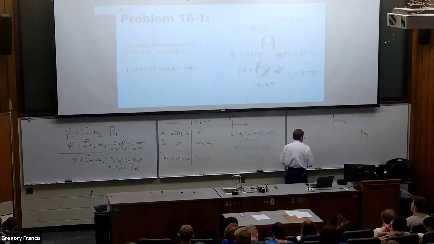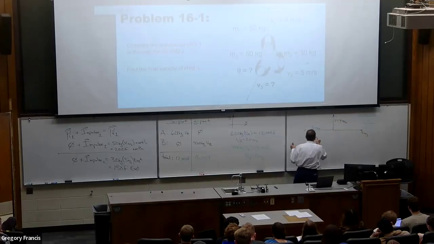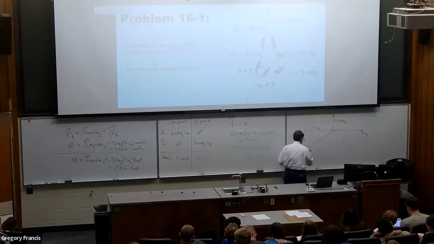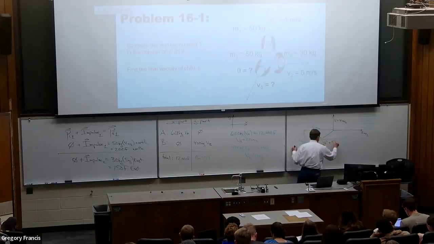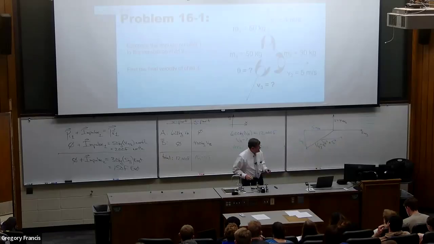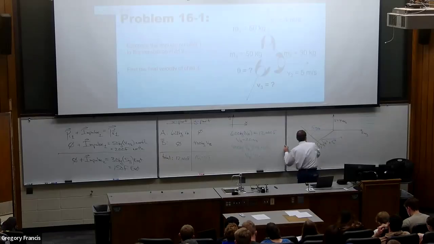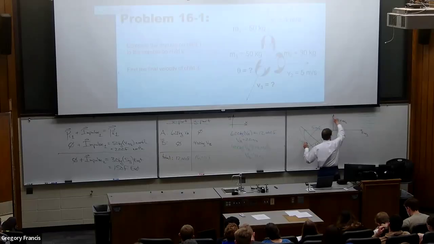And so that means child three has to cancel out this 5 and also has to cancel out this 4. And so that's going to give me a final velocity for child three of the square root of 4 squared plus 5 squared. Right or wrong? Sick and wrong. That just makes me sick and tired.